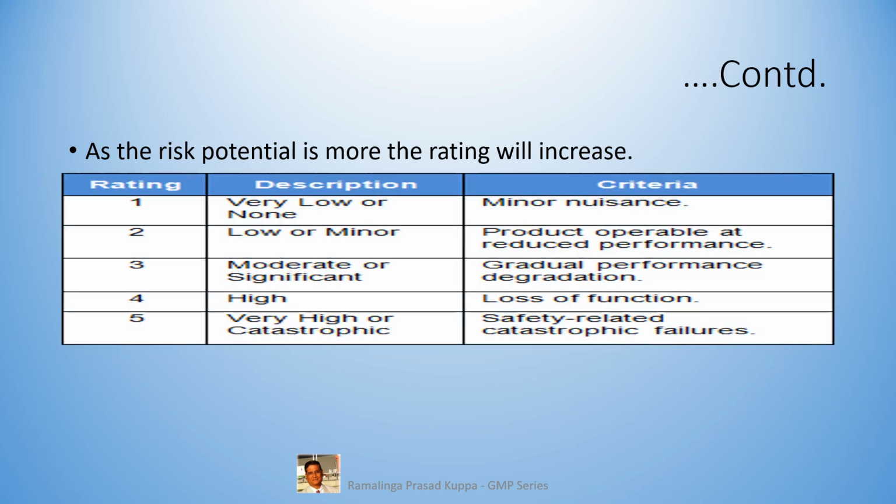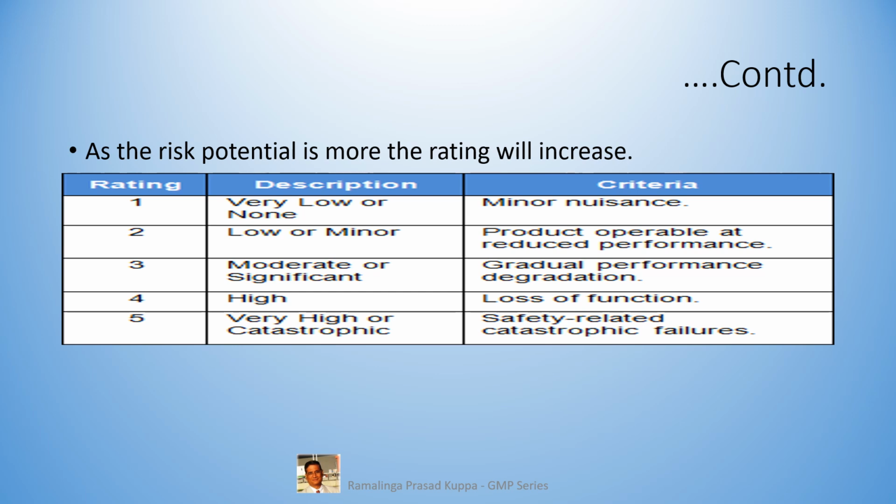See this typical rating pattern. The rating on a 1 to 5 scale is given based on this description and criteria. A rating of 1 is given for very low or none, which is a minor nuisance. For a rating of 2, low or minor, the product is operable at reduced performance.